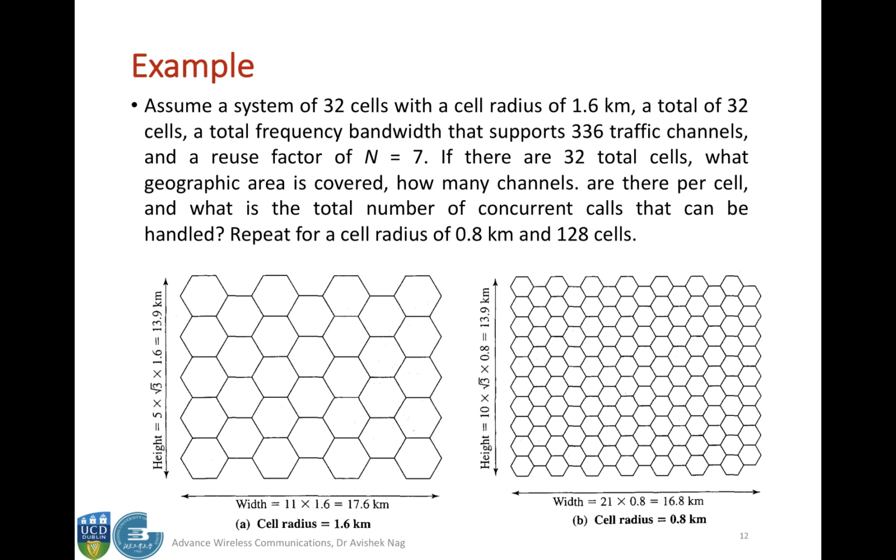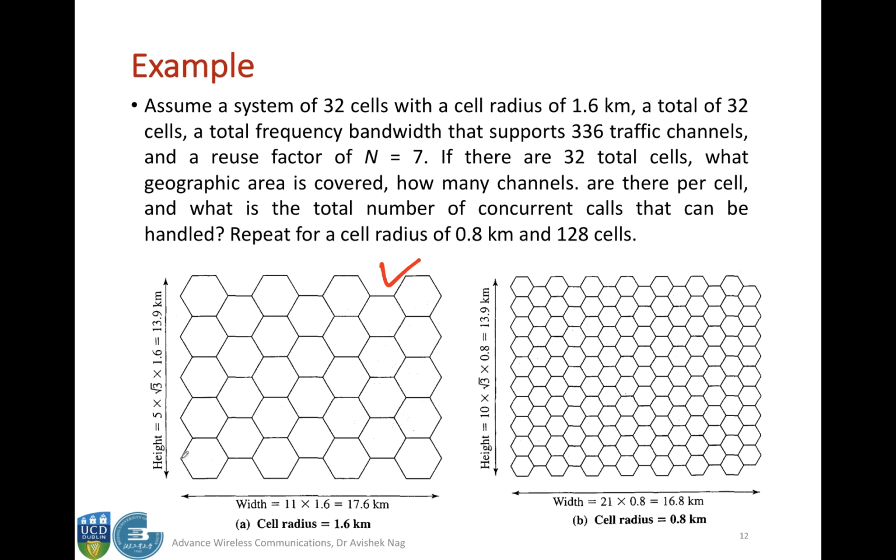So let us look into the problem closely. First of all, if you look into the plan that is given on the left of your screen, which is this one, case A, then you will see that for this case you have 1.6 as the cell radius.